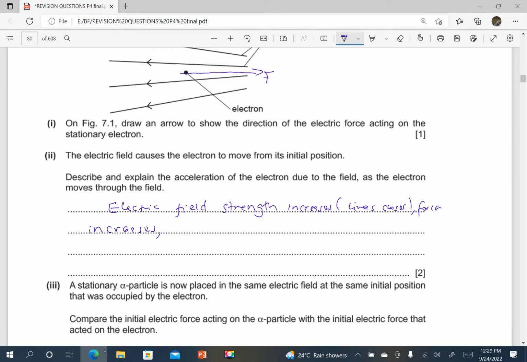And if the force increases, remember force is equal to mass times acceleration. So the acceleration increases. E is equal to F over charge, or ma over charge. So the electric field strength is increasing, so the force must be increasing, the acceleration must be increasing.